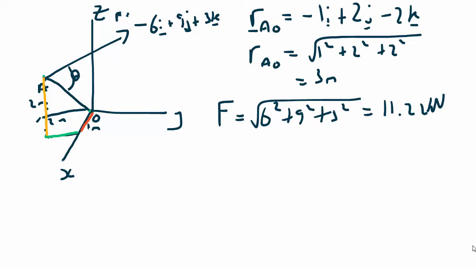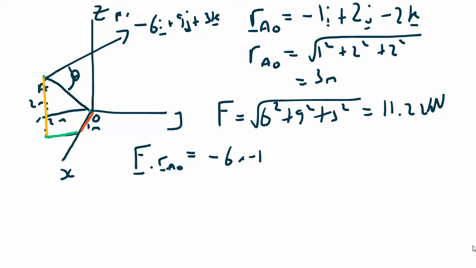And you're going to want to find the dot product. So the dot product, if you're using F and RAO, is going to be -6 times -1.